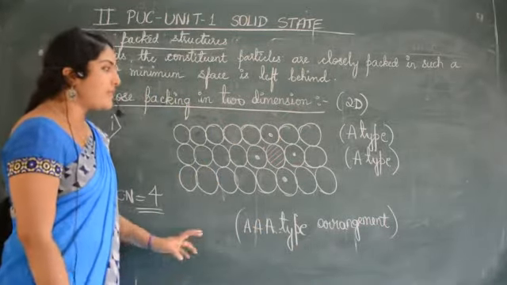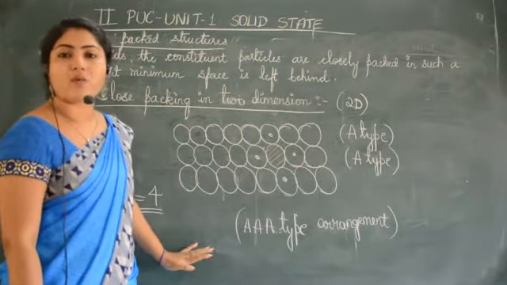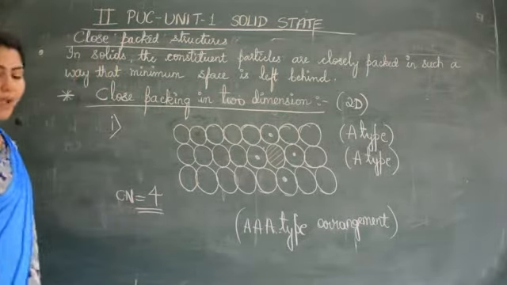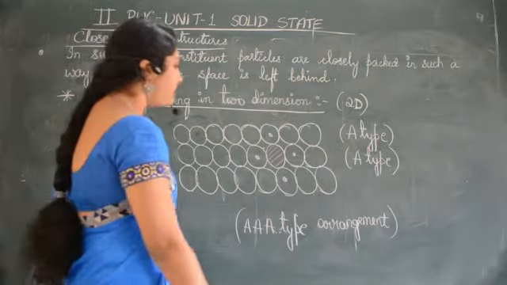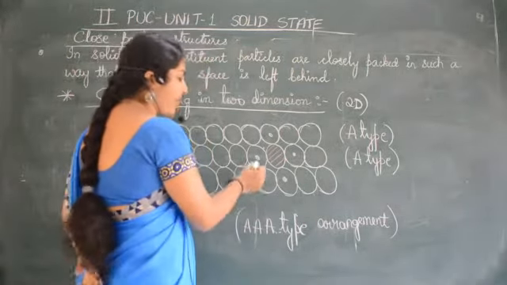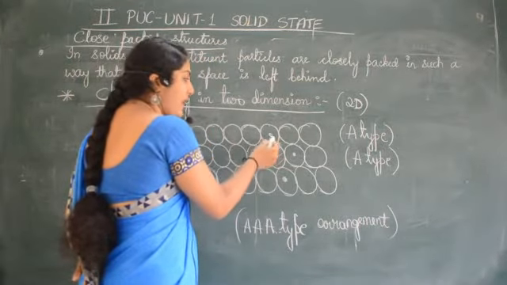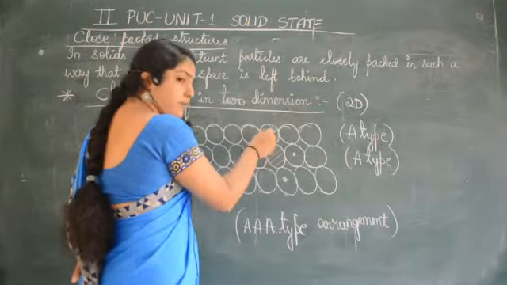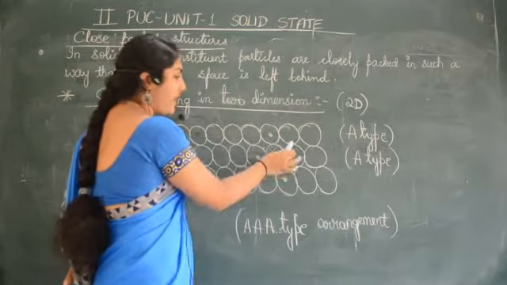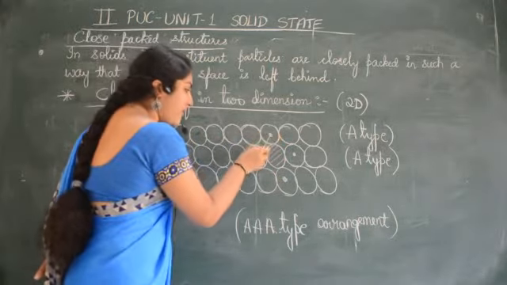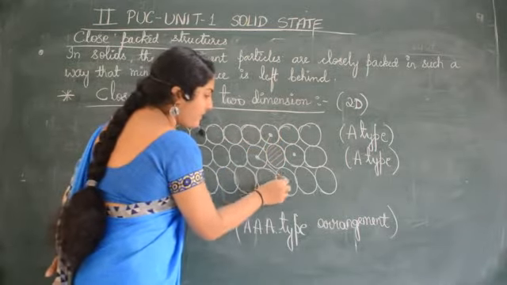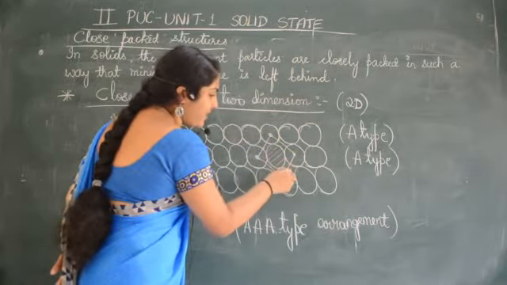Now, this packing is also called square close packing. Why it is called square close packing is one more question. Square close packing because if you join the centers of the neighboring atoms, you get a square.